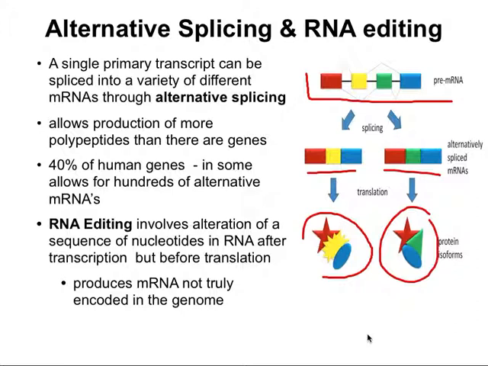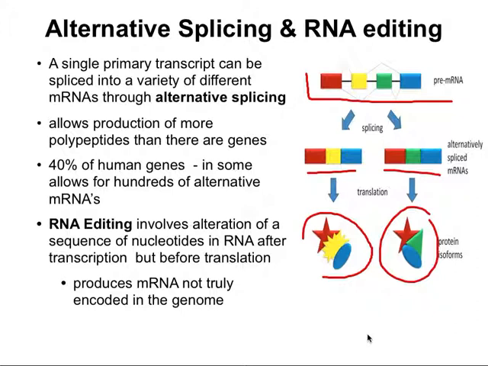This discovery means that we now understand that in a eukaryotic genome, we can actually produce more polypeptides than there are genes. In fact, we've discovered that in 40% of human genes, there's some form of alternative splicing, to the extent that there could be hundreds of alternative messenger RNAs created from one gene.